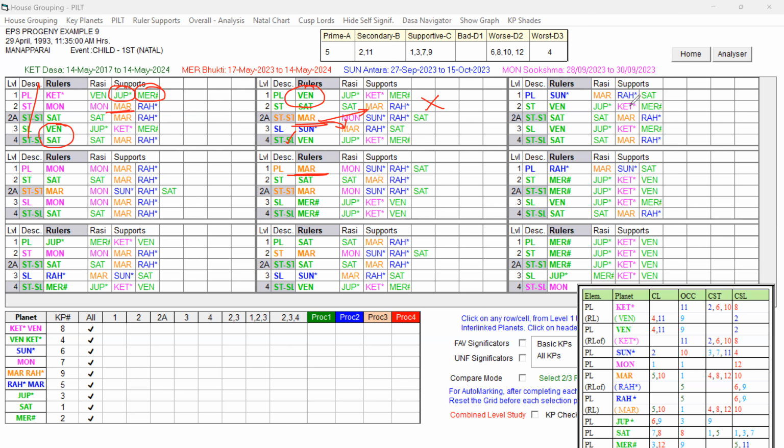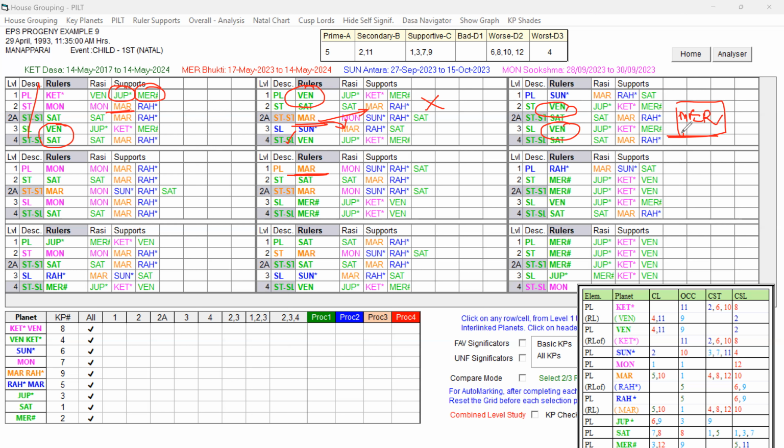Now let us go to the next planet, Sun. Sun planet, star level Venus, Saturn, sub level Venus, Saturn, all are good. They all have strong favorable key planets. The only point is that it does not have Mercury in its ruler.